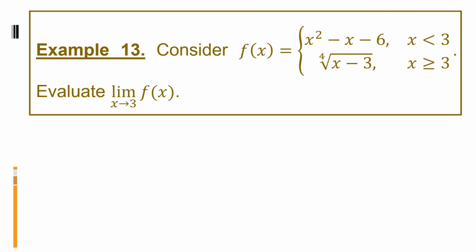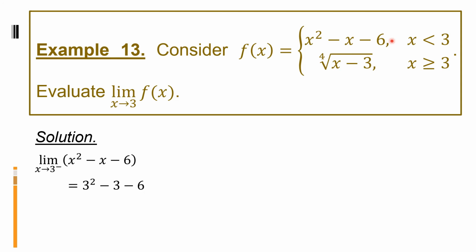Now, let's consider f of x to be equal to x squared minus x minus 6 whenever x is less than 3, and the fourth root of x minus 3 whenever x is greater than or equal to 3. So, let's find the limit as x approaches 3 of f of x. So, for our solution, yung limit natin from the left, normal limit lang yan kasi nga polynomial naman yan. So, by direct substitution, that is just equal to 0.